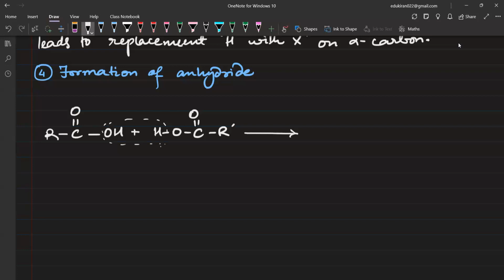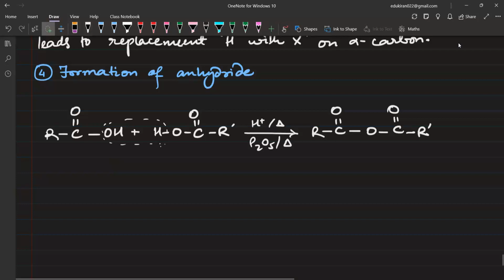This reaction happens in the presence of H plus and heat. The reagent that we use is P2O5. You can use any one of these, H plus and heat, or P2O5, or heat. And what will happen? You will have R, C double bond O, bonded with oxygen, C double bond O and R dash. This is the formation of anhydride.